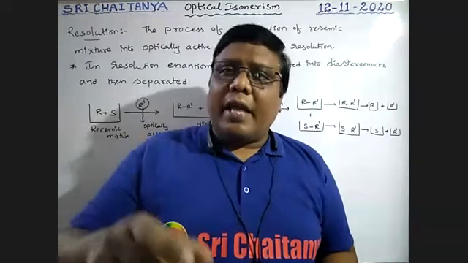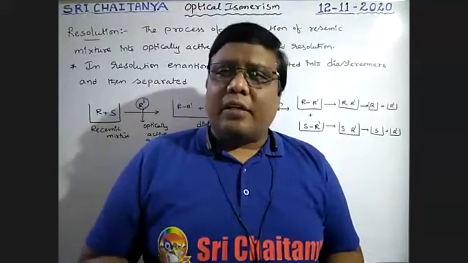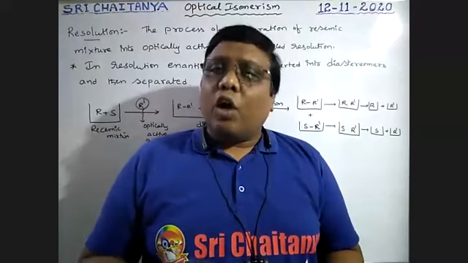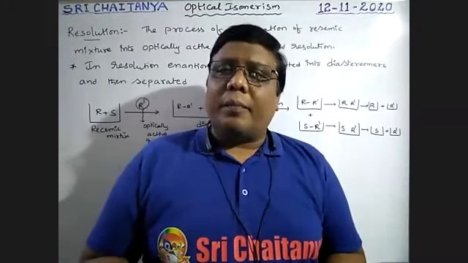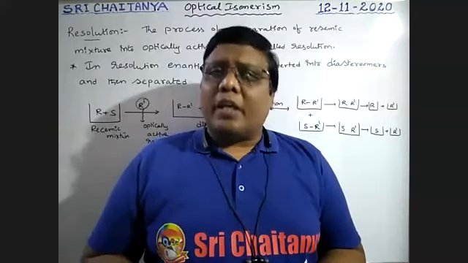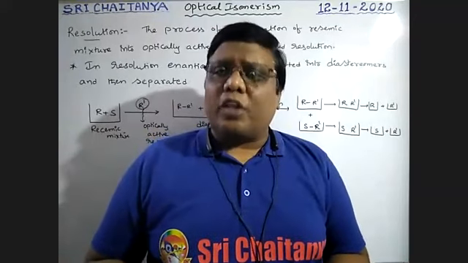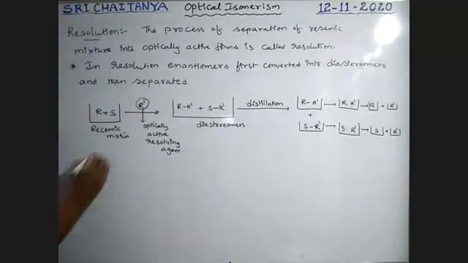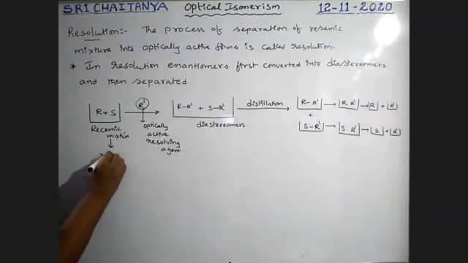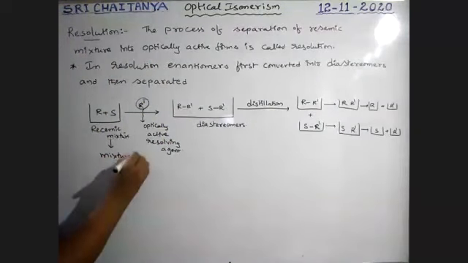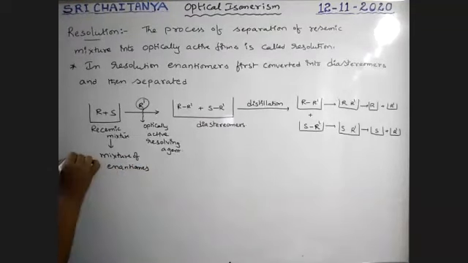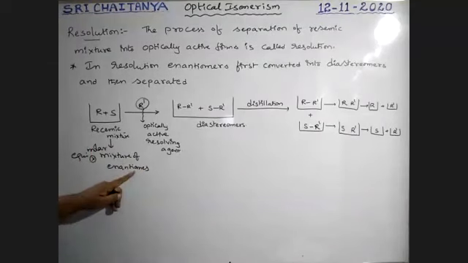But when an optically active compound is added to a racemic mixture, its chemical properties change automatically. A racemic mixture is a combination of enantiomers, an equimolar mixture of enantiomers, boys.